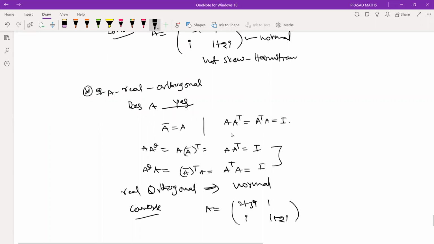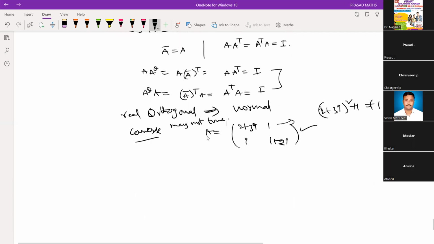You know it is normal. Is it an orthogonal matrix? No, because the sum of the squares of the elements of any row should be 1. But 2 plus 3i whole square plus 1 cannot be 1. So it is not an orthogonal matrix.